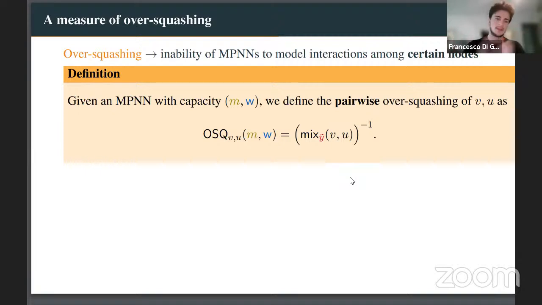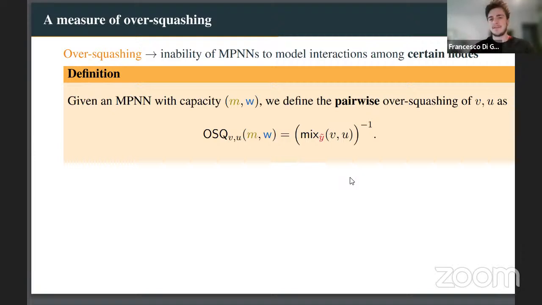So the right-hand side should be small, which is the case. But the other way around also works. If the mixing is very small, it means that the model with that capacity is not really able to exchange information between V and U, and therefore oversquashing should actually be strong there, which is motivated again by our choice of the inverse.